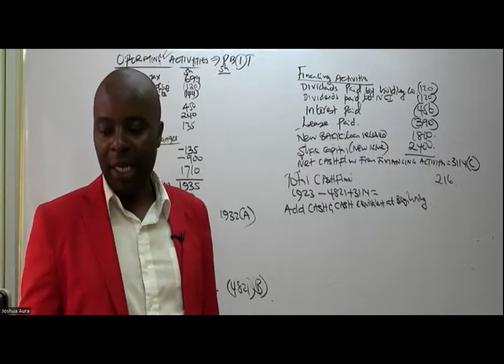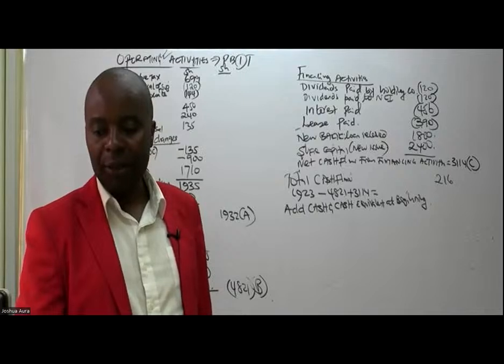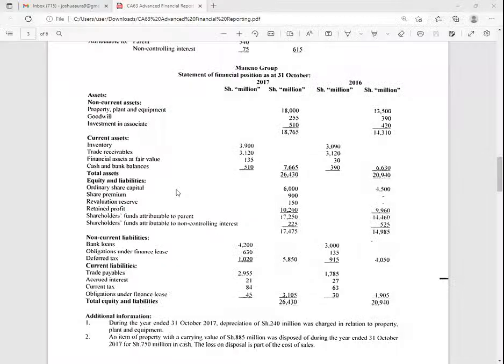So when you talk of cash and cash equivalents, at the beginning you will take financial assets at fair value, 30, plus 390, which gives me 420. So 420 plus 216 will give me 636. So these 636 must be the cash and cash equivalents at the end, the closing, and we can confirm that really.